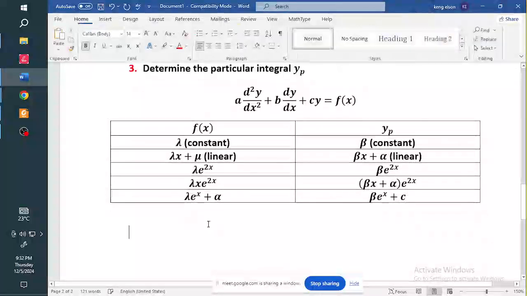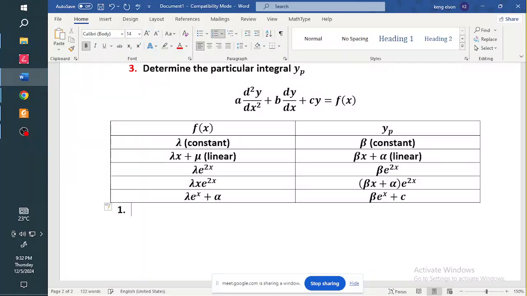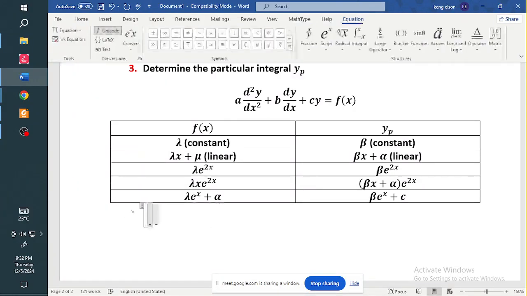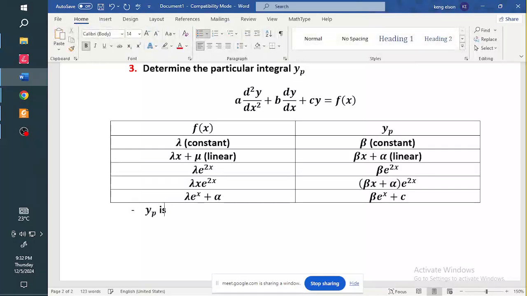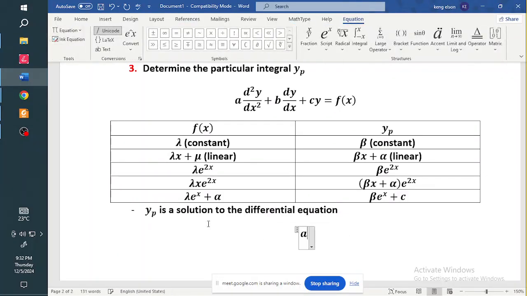Now there are some things under this yp that you have to know. The first thing is that yp is a solution to the differential equation. In essence, what we mean is that if you come to this differential equation, this y here is a solution. That is why a times d squared y by dx squared plus b times dy by dx plus cy is equal to f of x.